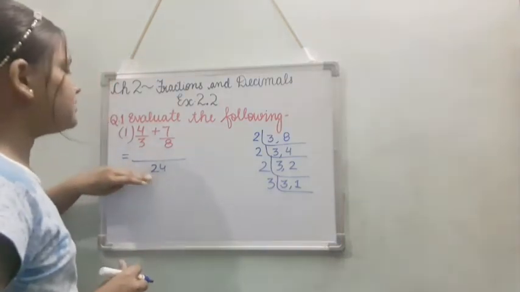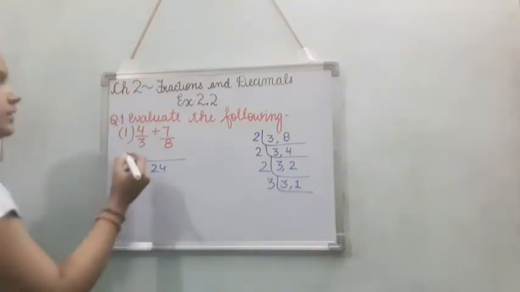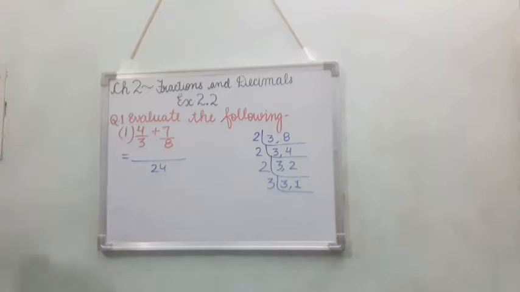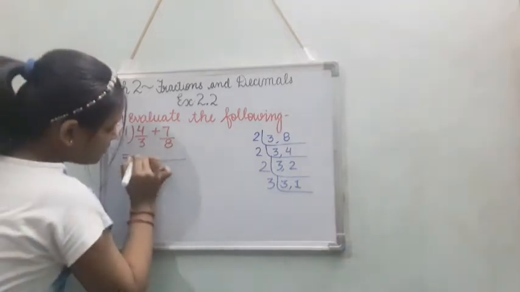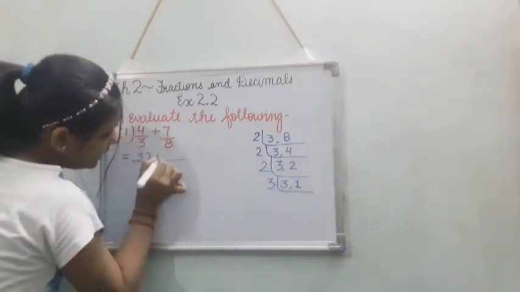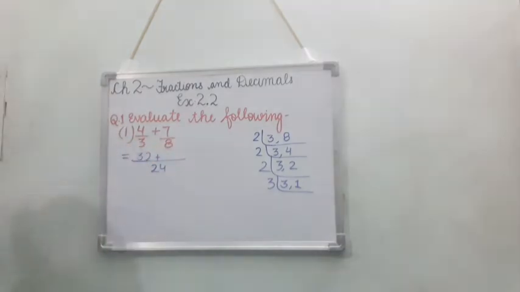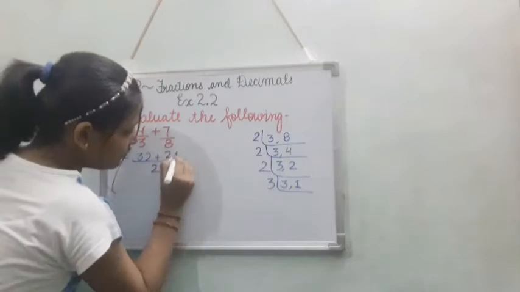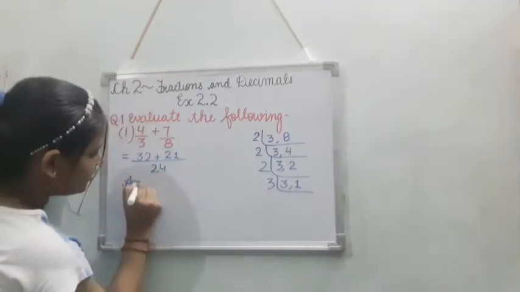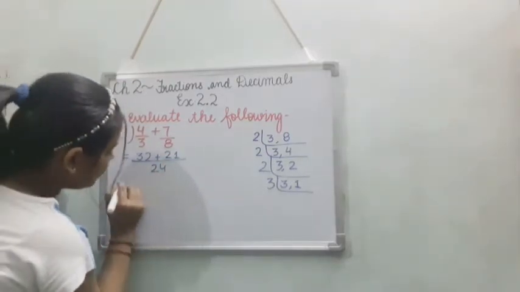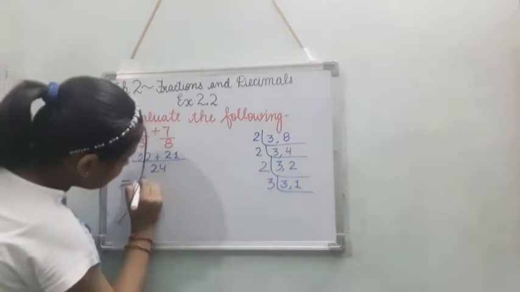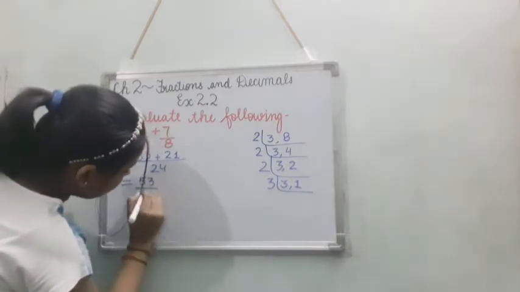We will divide 24 by 3, that is 8, and 8 into 4 is 32, plus 24 divided by 8 is 3, and 3 into 7 is 21. Then when you add both these numbers, you will get 53/24.